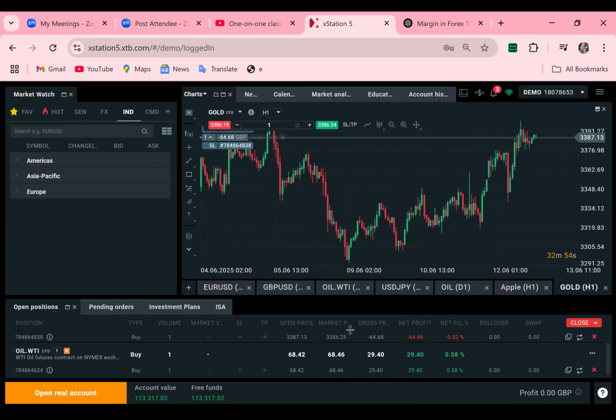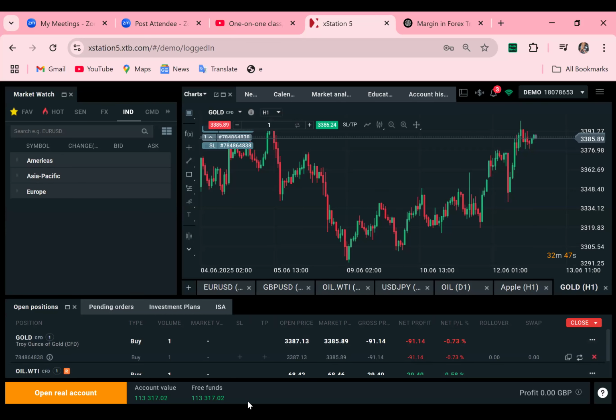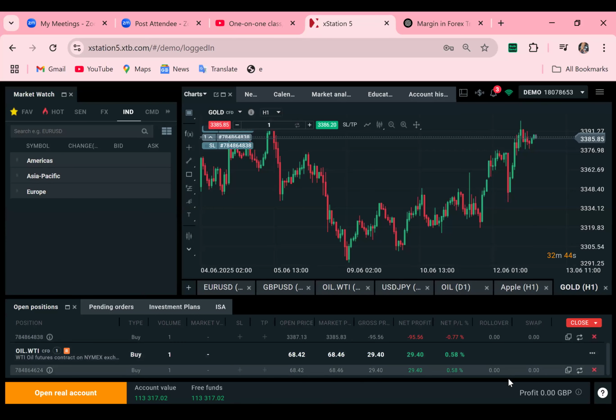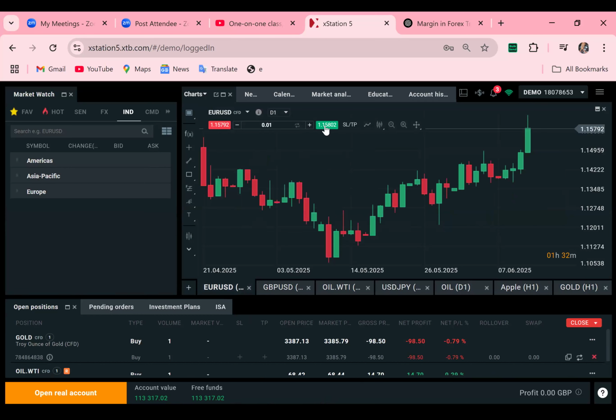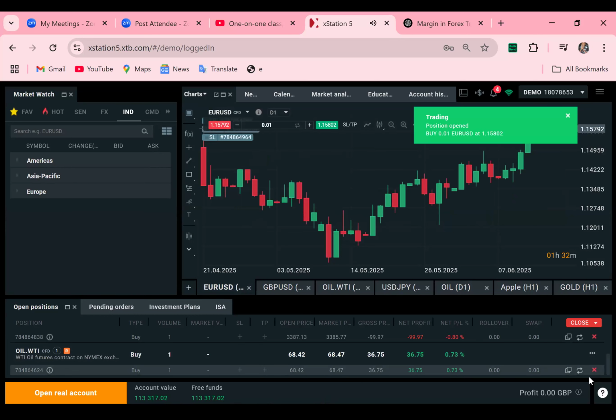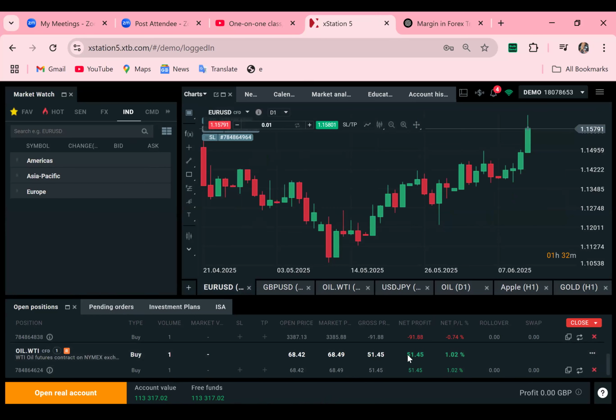Are you noticing what I'm noticing now? I need this thing to display some other characteristics, like show me available money, available fund. Okay, let me put it on Forex. It's the same. It does not show me margin.